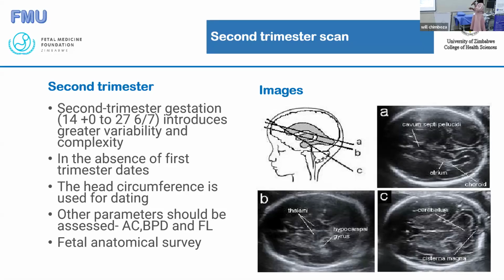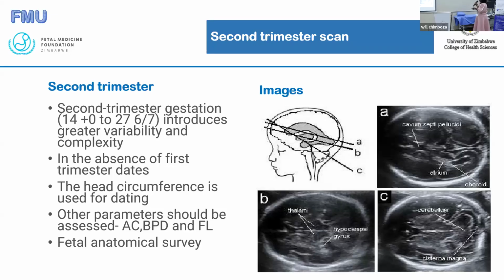The correct plane for obtaining this measurement is the transthalamic plane. So on the head, we can have different planes. We have the transthalamic, we have the transcerebellar, we have the transventricular. So for dating, strictly, we use the transthalamic plane.